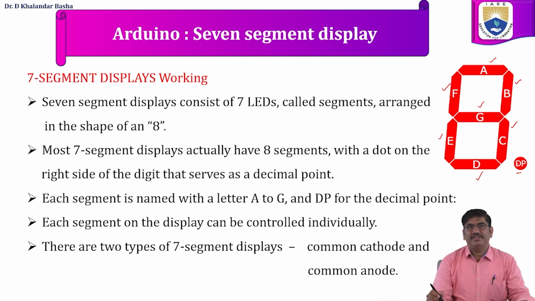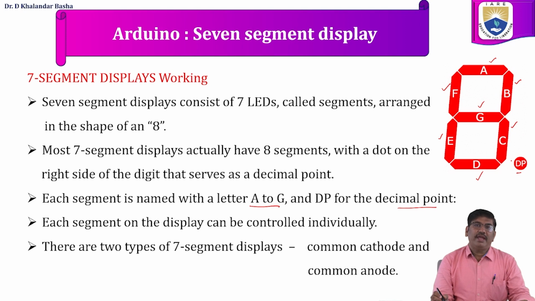So most 7-segment displays have 8 segments. The 8th segment is nothing but the dot on the right hand side of the digit that serves as a decimal point. So each segment is named with the letters from A to G and DP for the decimal point. So each segment on the display can be controlled individually.